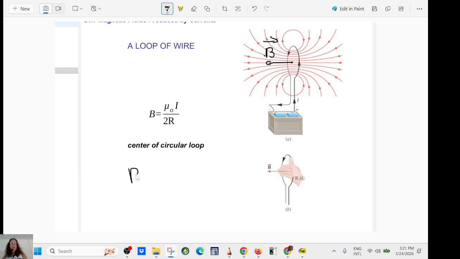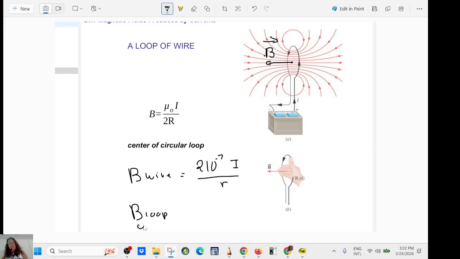Okay, so we have the magnetic field of a wire. We did that. Of the wire, it's going to be 2 times 10 to the negative 7 I over the distance from the wire. And here we have the loop.